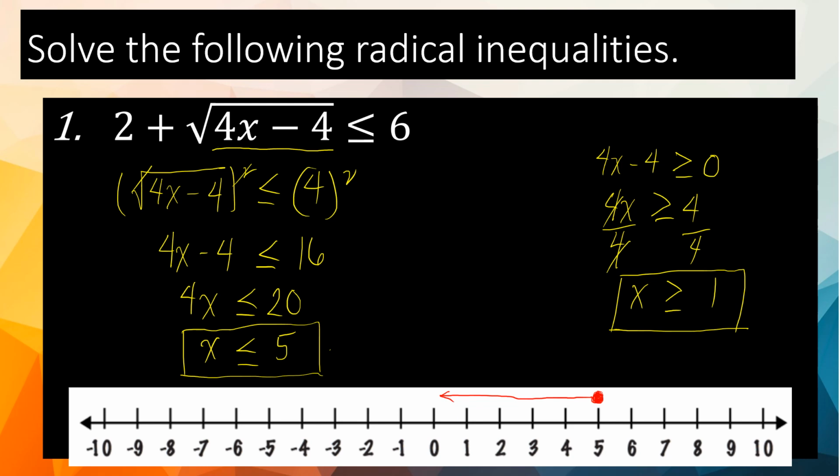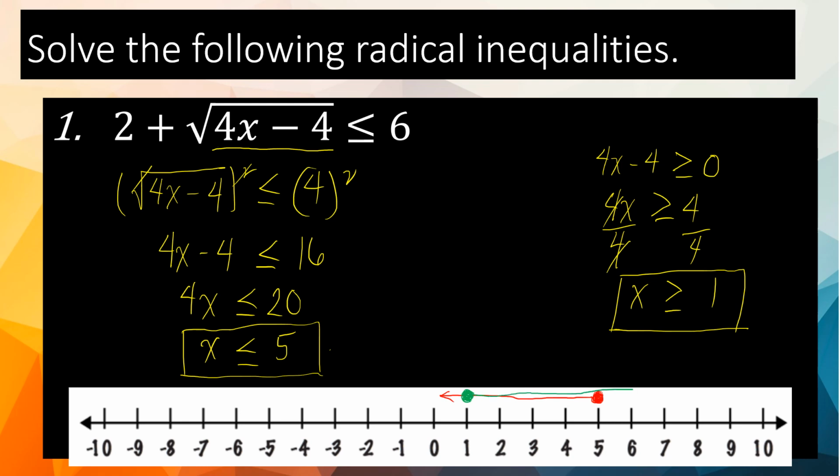And then we have x is greater than or equal to 1. Let me change the color. So greater than or equal to 1. So let us draw first a dot on 1. So it's greater than, so your arrow should be to the right.